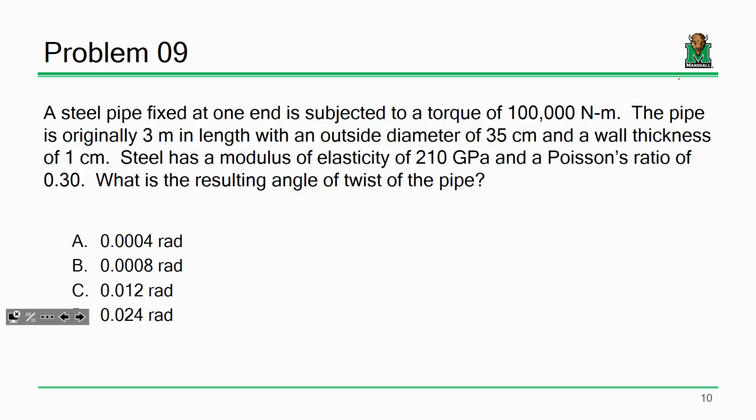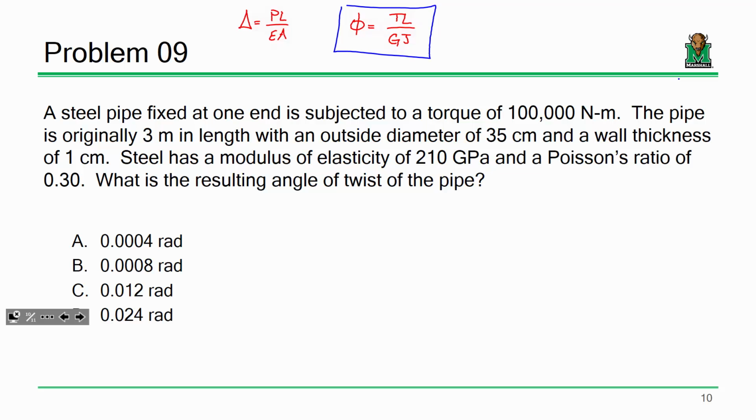For a bar, remember this: PL over EA. That's for if you take a bar and yank on it. If you take a bar and twist it, like you're wringing out a sponge, its angle of twist is TL over GJ. I challenge you to find that formula in the manual.